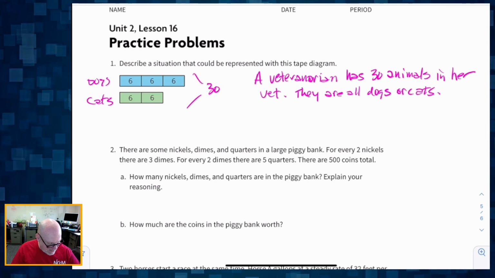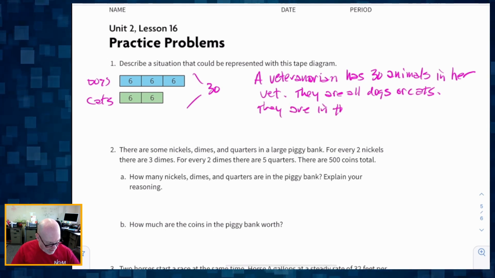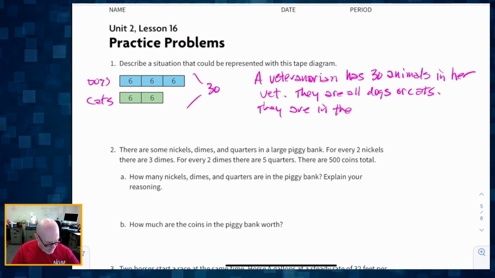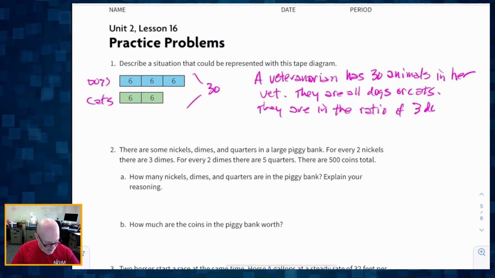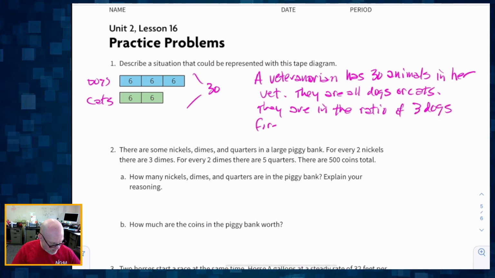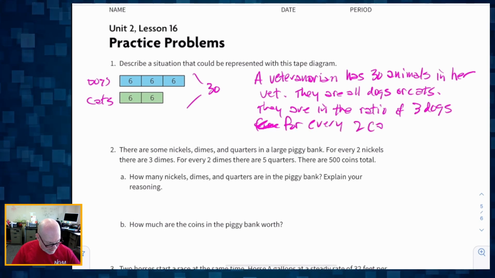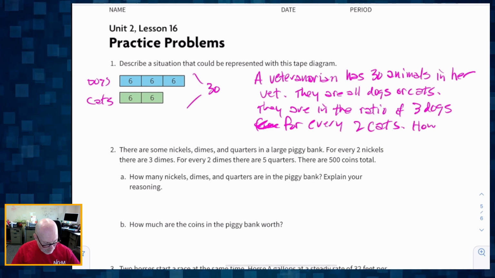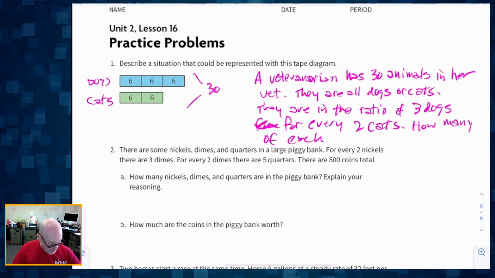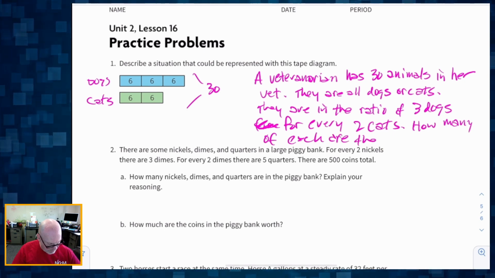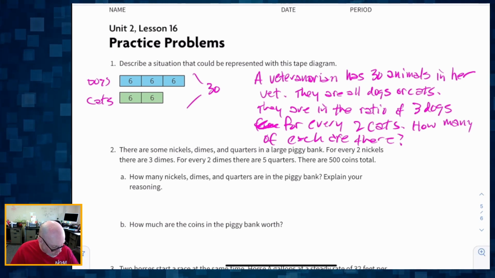They're all dogs or cats. They are in the ratio of 3 dogs for every 2 cats. How many of each are there? All right, and that's an example of what your story could be.